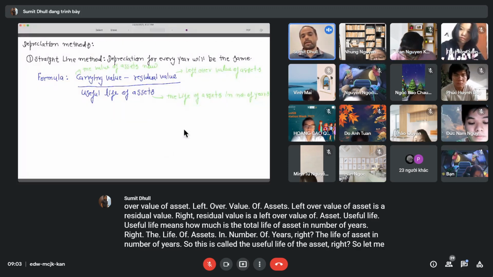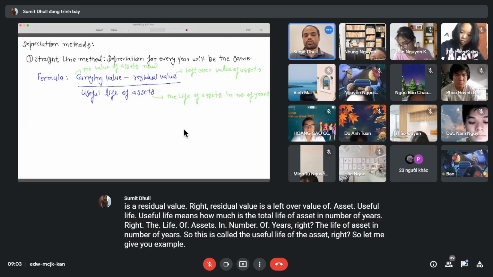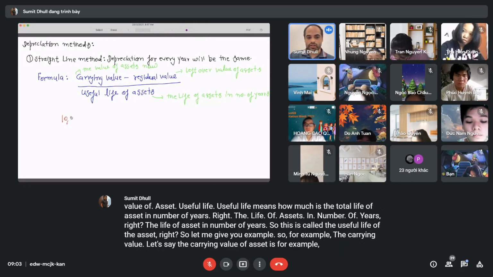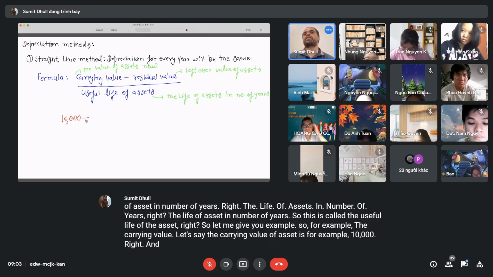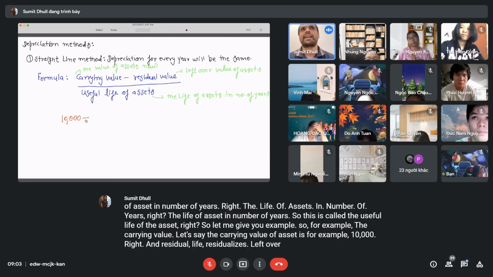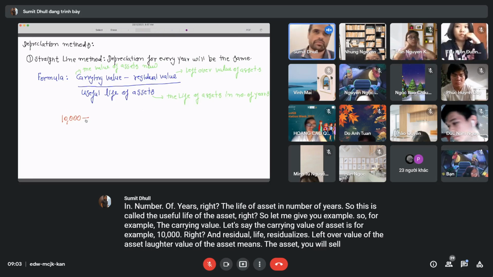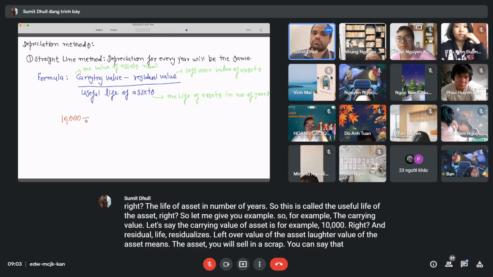So let me give you an example. Let's say the carrying value of the asset is $10,000. Residual value means the leftover value of the asset, meaning the asset you will sell as scrap. You can say scrap value.